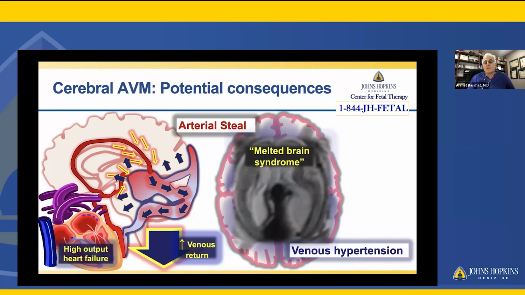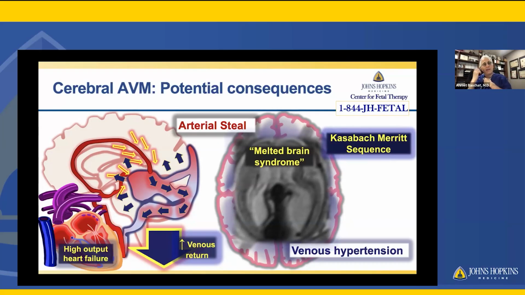And this is the reason why there is progressive brain substance loss, and the term that has been framed in the context of fetal AVMs is the melting brain syndrome, as more of the cerebral neural matter really deteriorates.